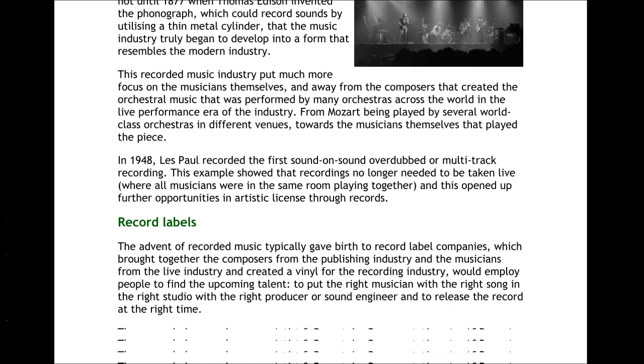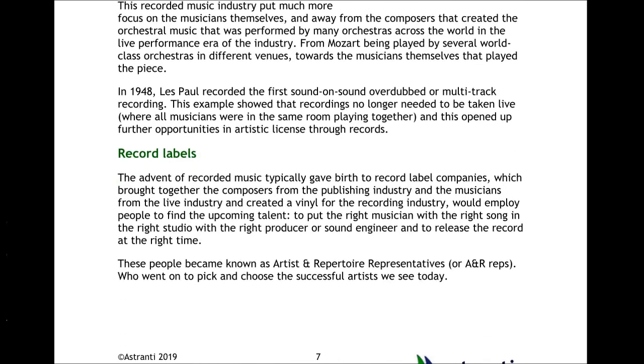And this is where you get record labels, because of this aspect of not only recorded music, but also the ability to add extra value. For example, the multi-track recording allows you to have sound technicians and other artists or musicians involved in a backing track with the lyrics alongside the main melody.